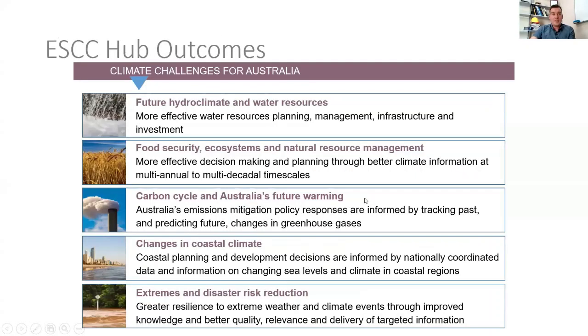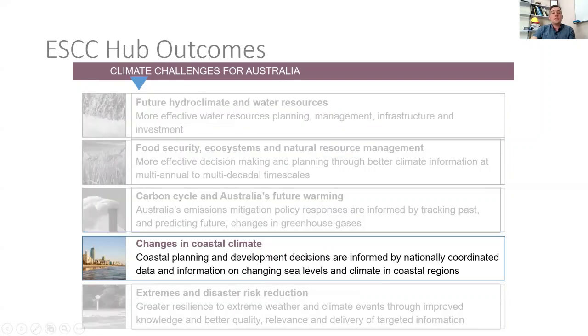So, broad picture, the hub has separated into different climate challenges: water resources, food security, carbon cycle, changes of the coast, and extremes and disaster. The work that we are doing is within the changes in coastal climate.